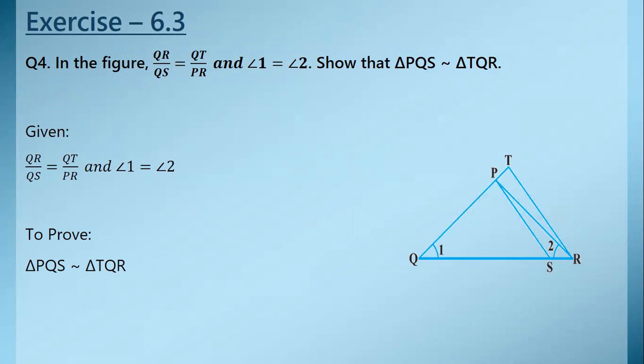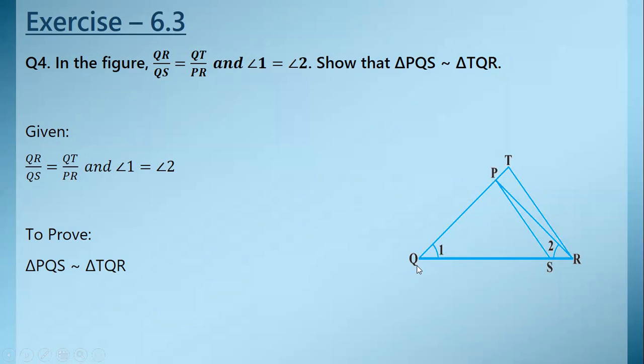In the figure, QR by QS is equal to QT by PR and angle 1 and angle 2 are equal. We have to show that triangle PQS is similar to triangle TQR. So given that QR by QS is equal to QT by PR and angle 1 and angle 2 are equal, now to prove these two triangles, that is PQS, inclusive angle is there.